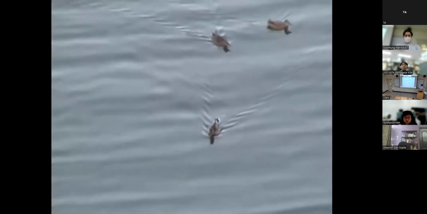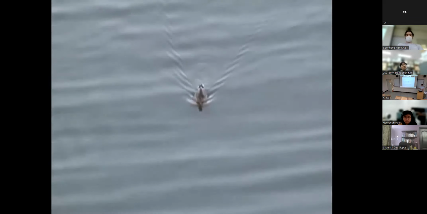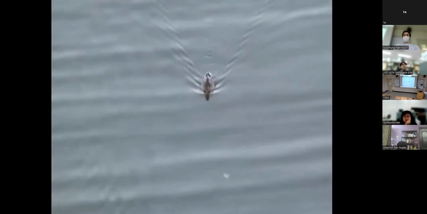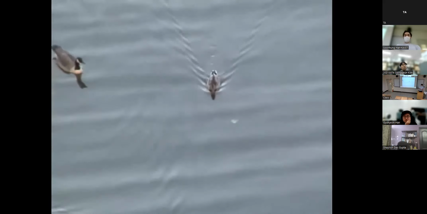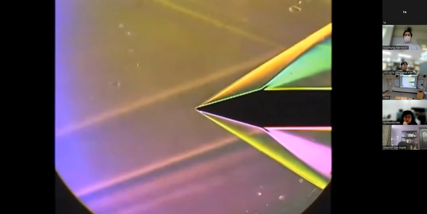This duck is swimming at a Froude number greater than 1, producing a similar wave pattern. There's a strong analogy between these liquid surface waves and shock wave phenomena in supersonic gas flow, where swept-back waves occur when the Mach number is greater than 1.